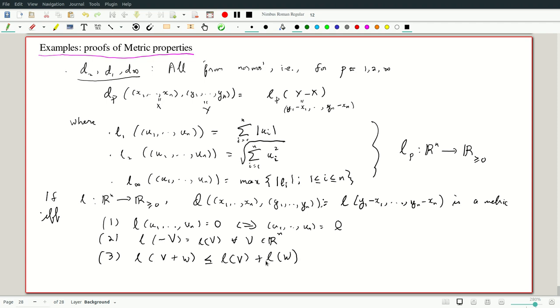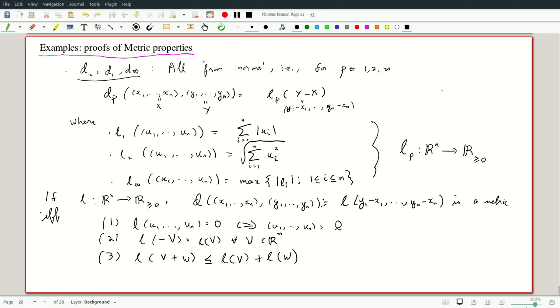Okay, it's easy to see the triangle inequality translates to this. You can look at this definition. First of all, just putting x equals 0 in the triangle inequality will give you this property. So distance from 0 to V and distance from 0 to W is this way.